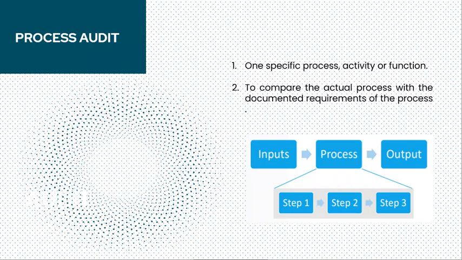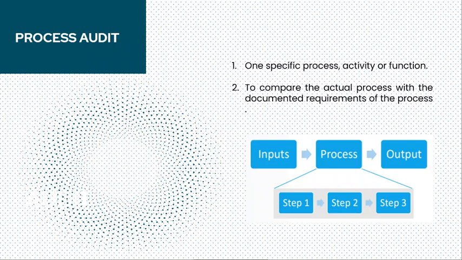Let's say step 1, step 2, and step 3, depending on the organization and what type it is, and so on. I talk about these processes and steps in case of training, in case of calibration. So you need to look at each of these steps and see whether these steps are followed as per the specified SOP, let's say procedure, or not. So this is a process audit.